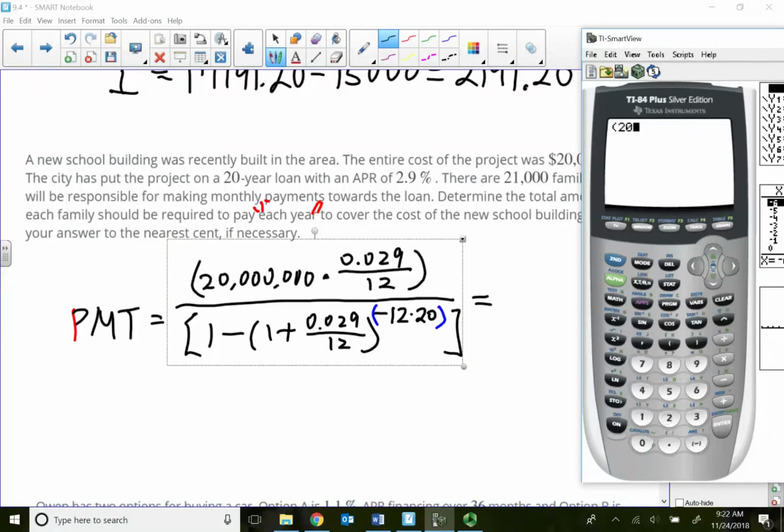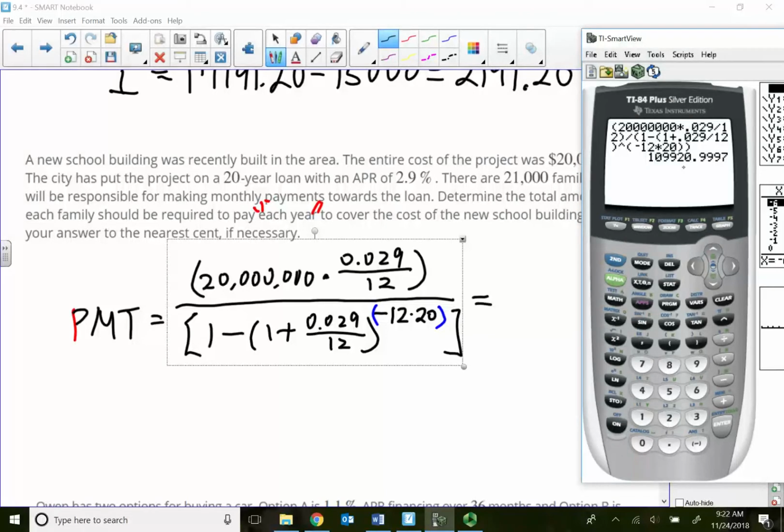20 million times, close the parenthesis for the numerator, divided by open brackets, 1 minus open parenthesis 1 plus 0.029 divided by 12, close parenthesis, exponent, open the blue, negative 12 times 20, close parenthesis, close the blue, close the bracket.